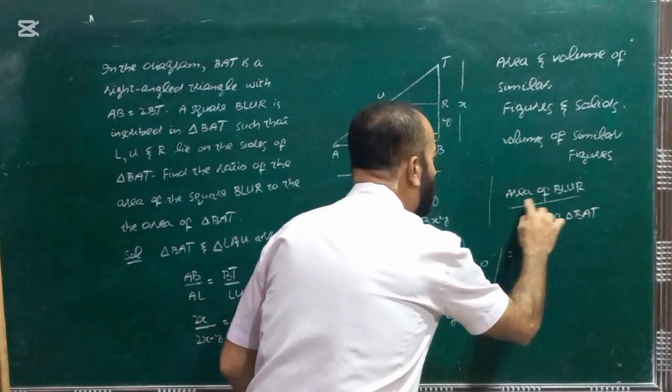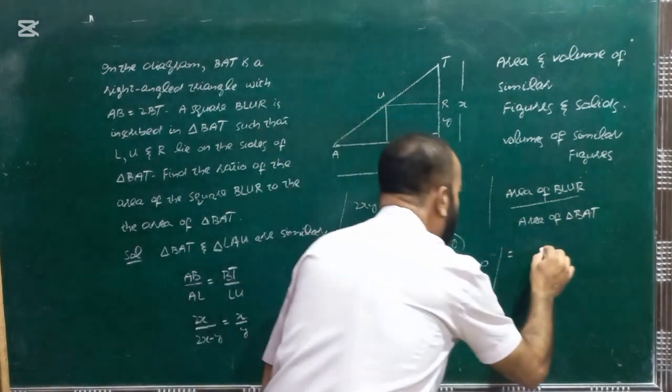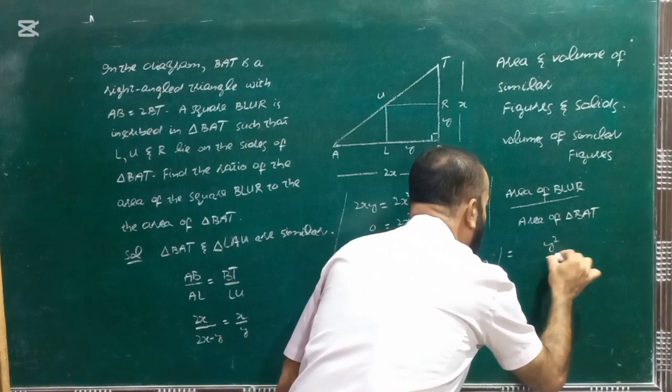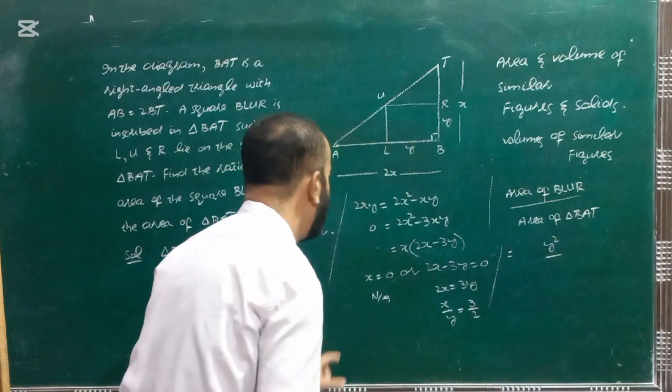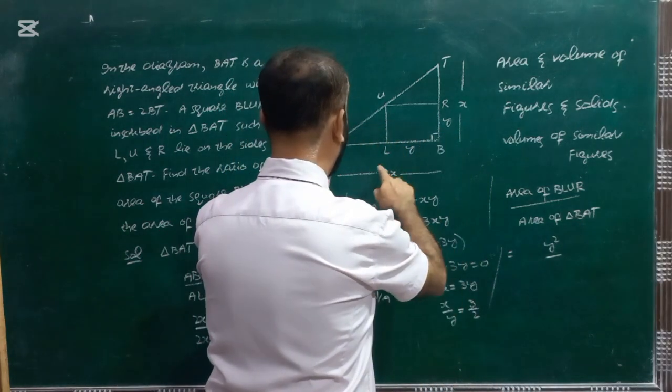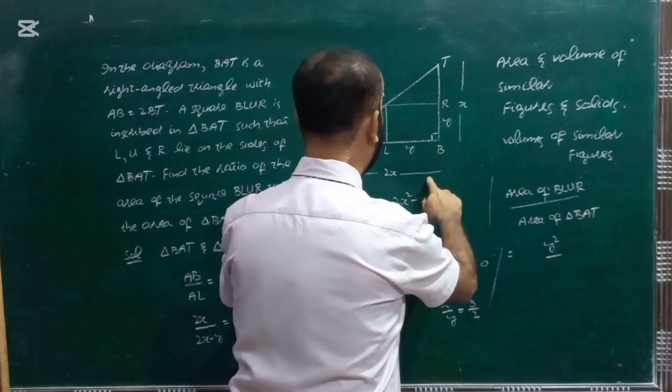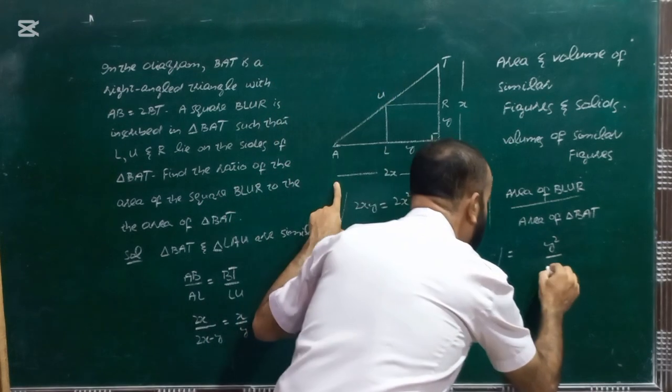So area of the square BLUR will be y square and area of the triangle BAT will be 1 by 2 into 2x into x.